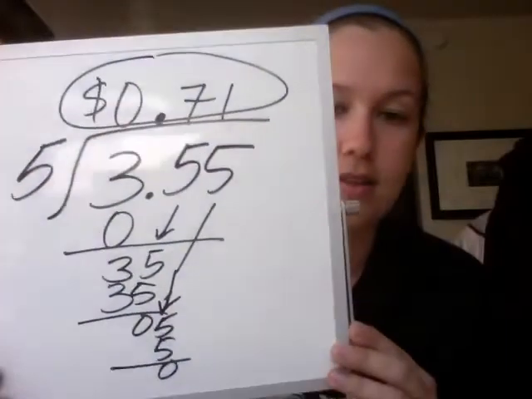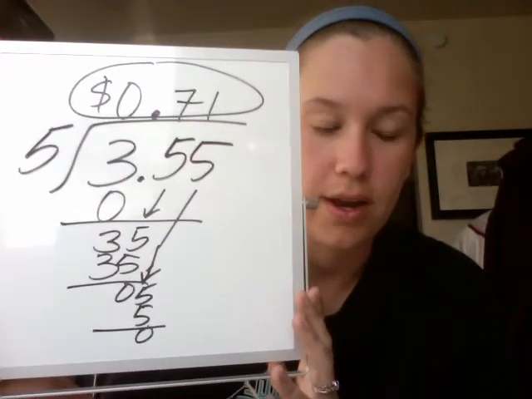And now let's do D together. D. $3.55 divided by 5. Okay, pause if you need to. I'm going to flip it over. This one is $0.71.